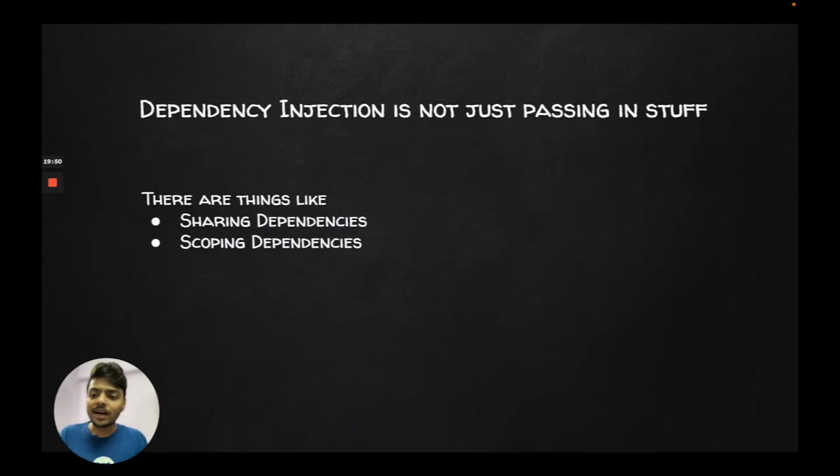There are things like sharing dependencies, scoping dependencies, and I'm not sure how to tell you to scope dependencies right now. I would jump into Android Studio to show you, but before that, I just want to discuss that there are many ways. Right now, we have been talking about dependency injection as a whole, not constraining it to Android development.